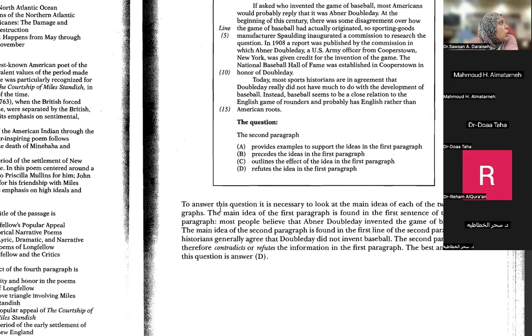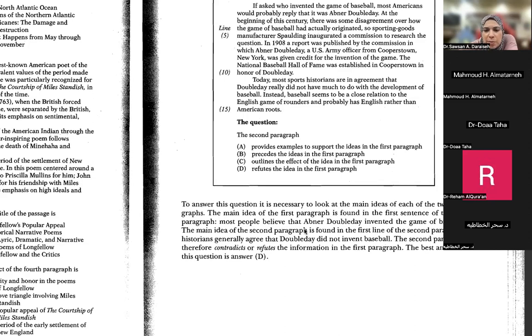So to answer this question, it is necessary to look at the main ideas of each of the two paragraphs. See the main ideas? Where are they? The main ideas are at the beginning of each and every paragraph. The main idea of the first paragraph is found in the first sentence: Most people believe that Abner Doubleday invented the game of baseball.